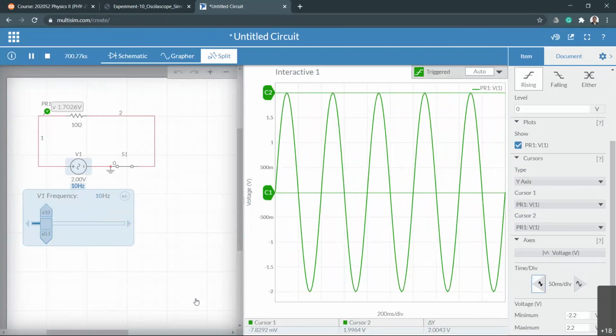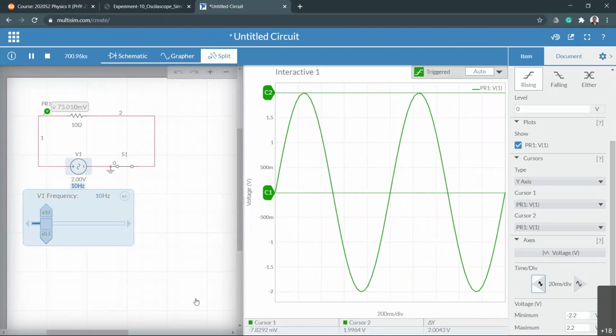Increase or decrease the division per second value. At some point you will get a nice observable curve, then you stop there. Those are the operations you have to do manually if you're doing this in class. But the virtual oscilloscope is very simple. You just need to click and it will show you everything. And trigger should always be on auto mode.